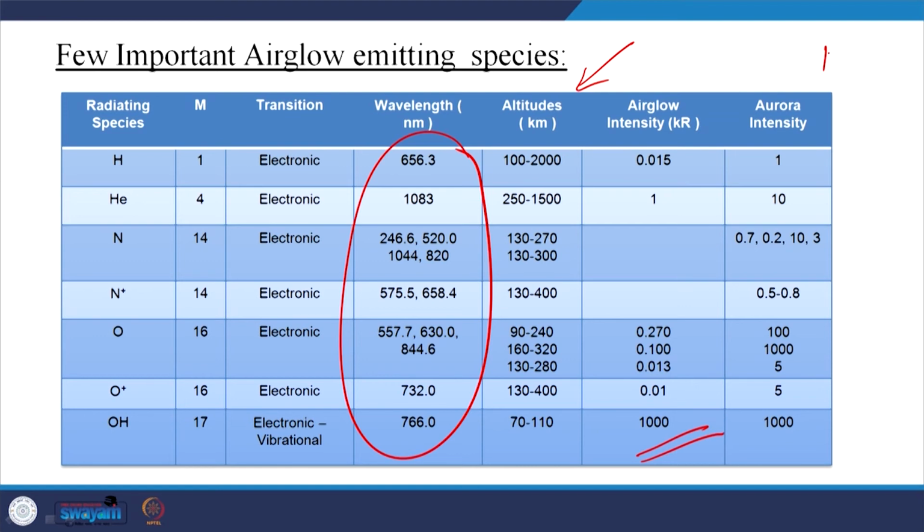So, 1 rayleigh is nearly equal to 10 to the power of 6 photons per unit volume. Right. So, we can see that all the important species, hydrogen, nitrogen, oxygen, are emitting various airglow emissions. We can also see that the airglow intensities are very, very small in comparison to the auroral intensity.